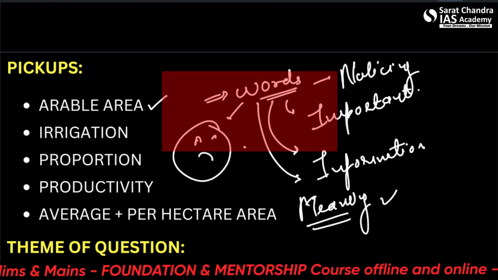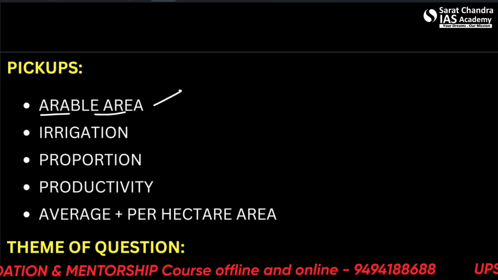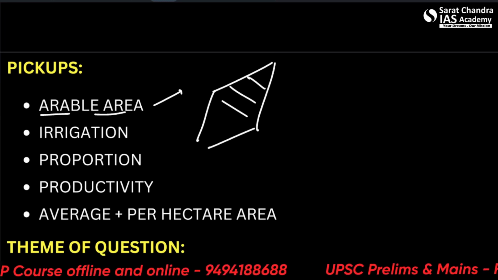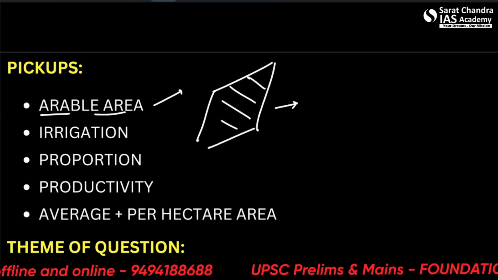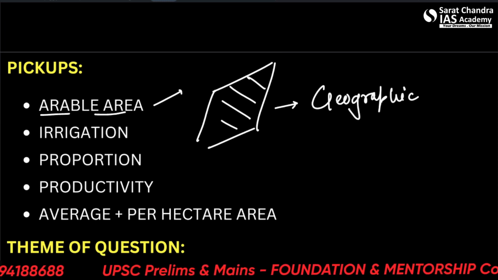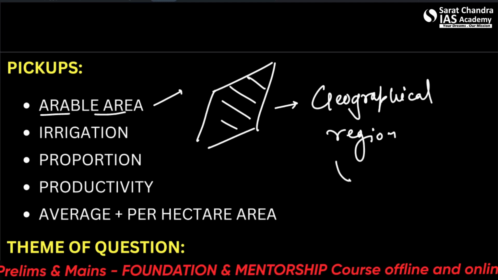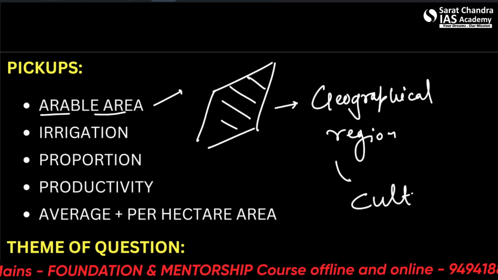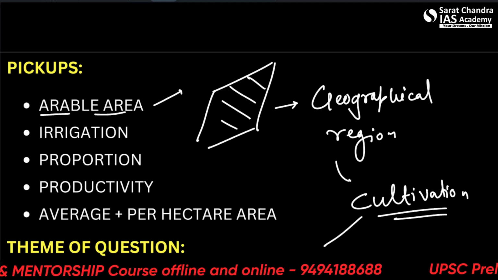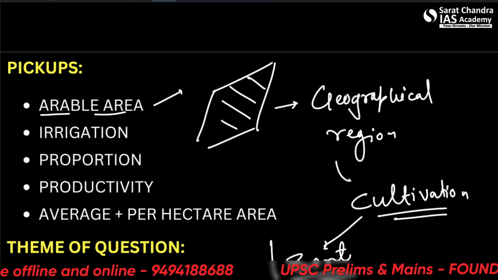Alright. So the first word is arable area. Now we must know what is arable area. Arable area simply means the area of any geographical region which is fit for cultivation, and cultivation of any sort, it should not be barren.